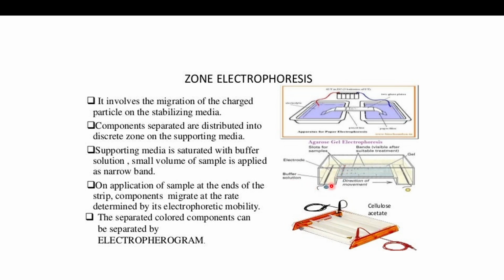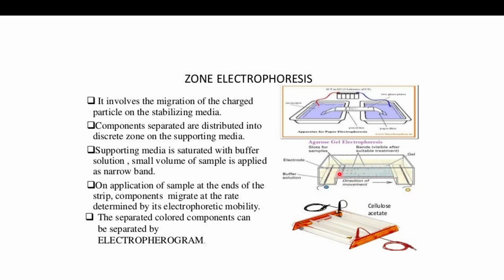The tank is filled with appropriate buffer, which has electrolytes that will move from one electrode to the other. When you load your sample here, especially in case of nucleic acids, your nucleic acid is negatively charged, and this is the negatively charged electrode. So there will be repulsion, and this negatively charged nucleic acid will move towards the positively charged electrode.